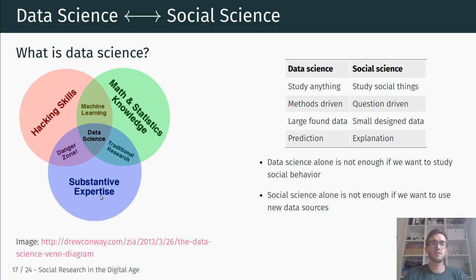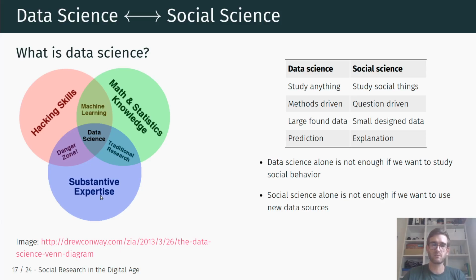So overall, what we can say is that data science alone is not enough if we want to study social behavior, and at the same time, social science alone is not enough if we want to use these new data sources that the digital age is bringing with it, which is necessary in order to adapt to the challenges.